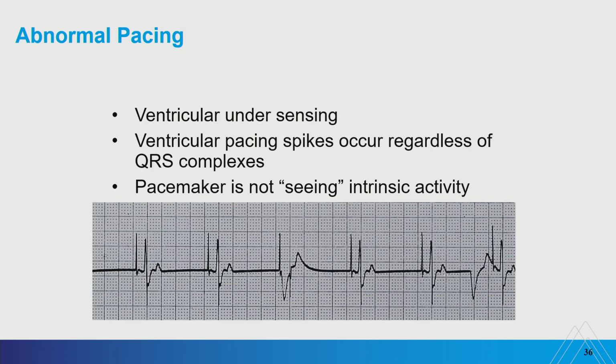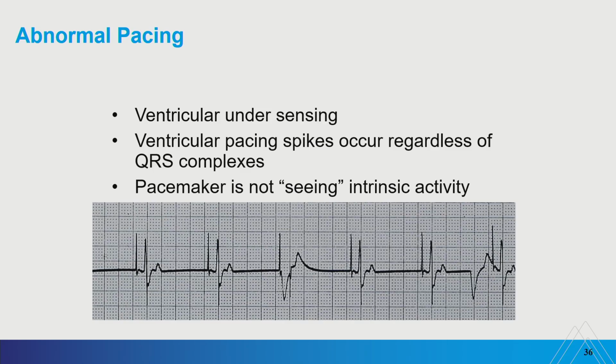Increase the sensitivity. Which way do I turn the dial? How far do I turn it? All the way, because the default is 2 and the most sensitive is 0.8. There's only going to be 2 clicks in between there, so you just turn it all the way. Whenever you have failure to sense, whether it's the atrium or the ventricle, you just turn the dial to the right all the way.